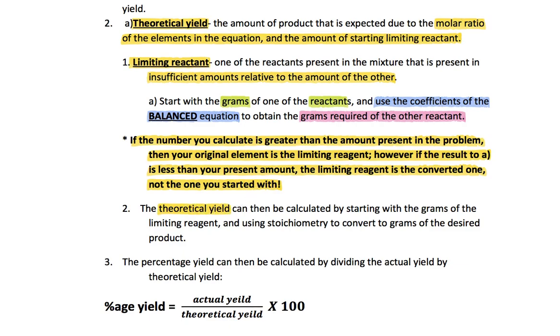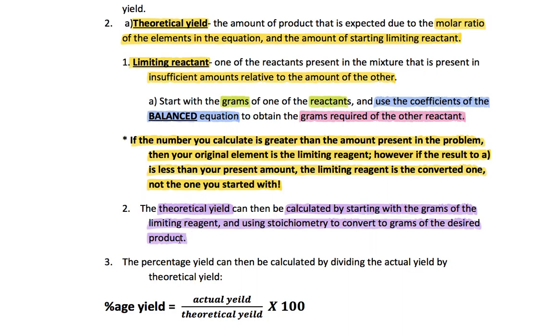Remember, we just figured out which one of these is limiting, and going to your product now instead of your other reactant, we're going to go all the way to the product. The amount of product we get from this calculation will be our theoretical yield.